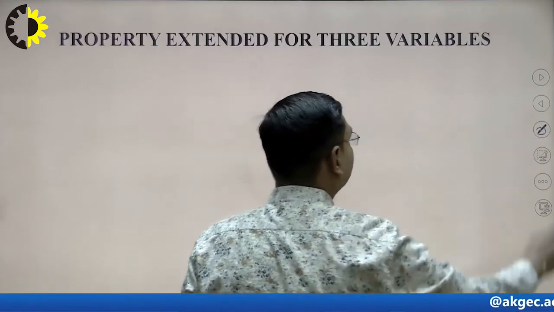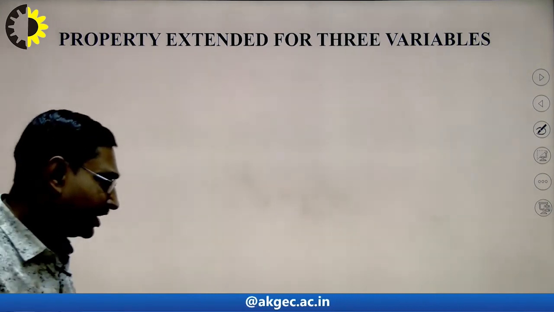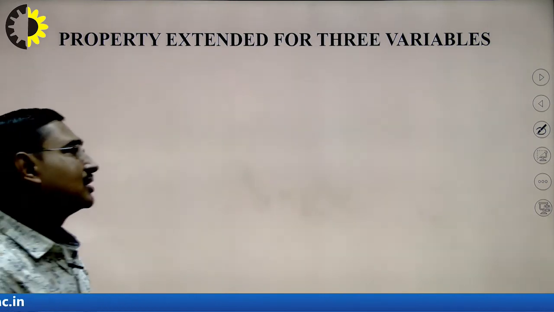Now we extend this property to 3 variables. So far we have seen that if 2 functions of 2 independent variables are given, then we can use the property. The property can be generalized to 3 variables in a similar manner.